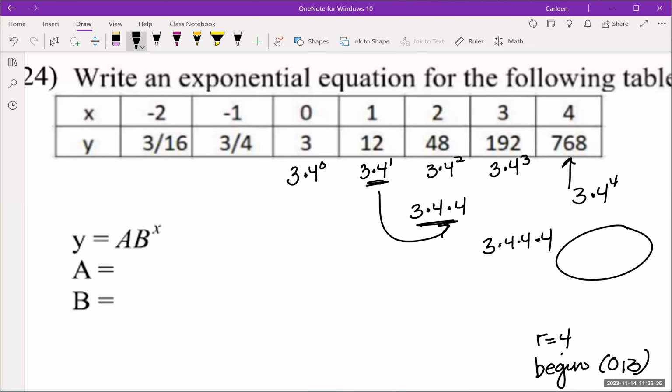Now, you need to look. Some numbers are not changing and some numbers are changing. The variable, is the variable going to go into a number that's changing or not changing? So A is where it begins. B is the multiplier. So A begins at 3 and we're multiplying by 4.